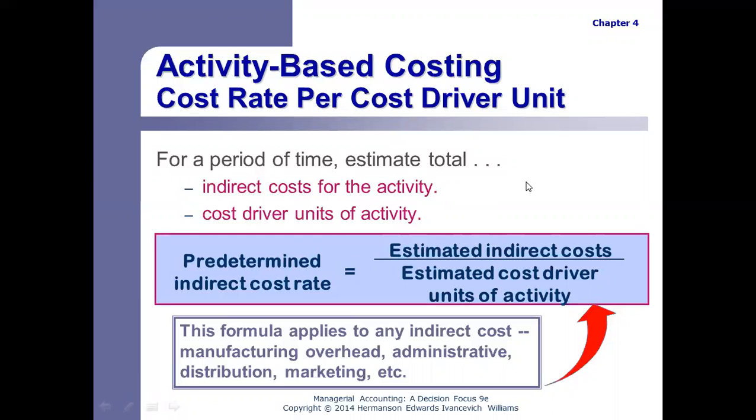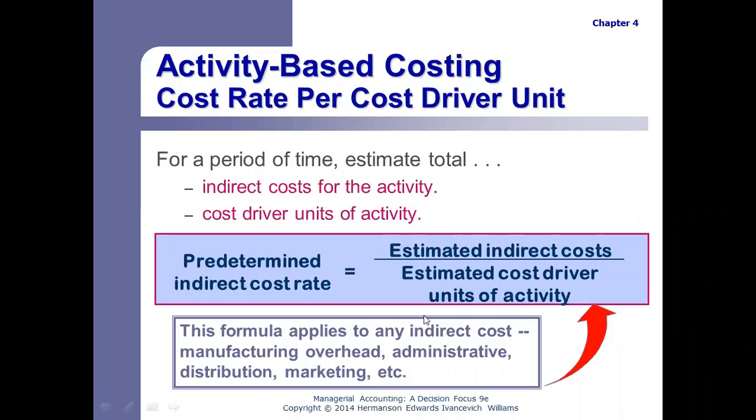You can figure out the hours that a person is putting into an activity, because all that person's time goes directly to the activity. So that's a direct cost. That's easy to measure. Direct materials, the materials that go into a process, that's easy to track because you know what the materials are that go into a process. However, indirect or overhead costs need to be allocated to the activity.